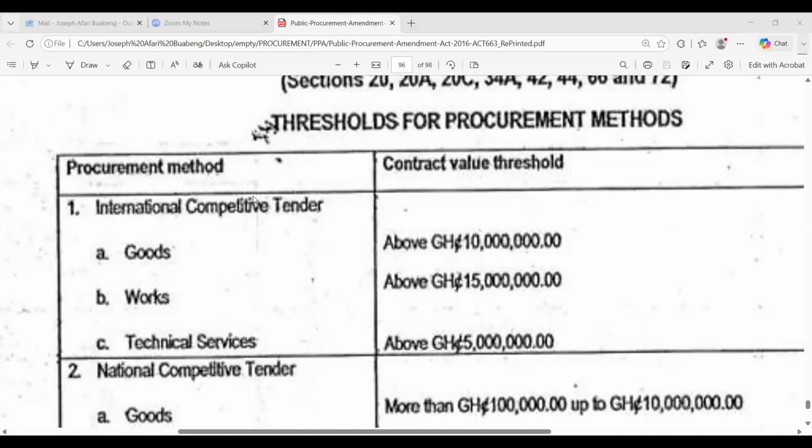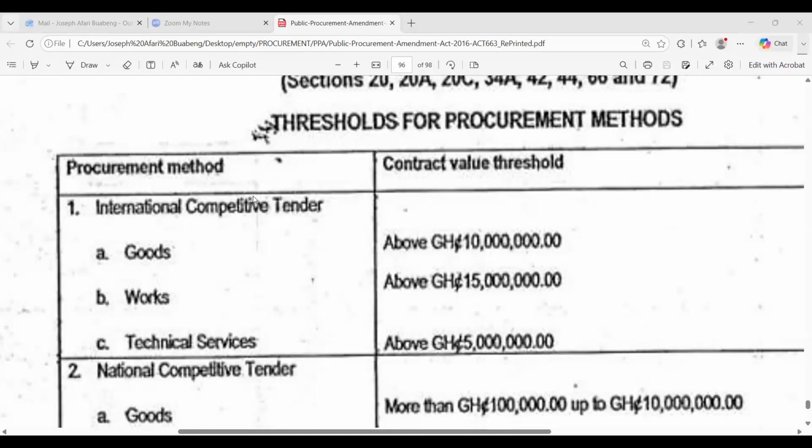So the threshold, everything has been captured here. Once the value of goods procurement is above 10 million cedis, we need to use what we call international competitive tendering method.